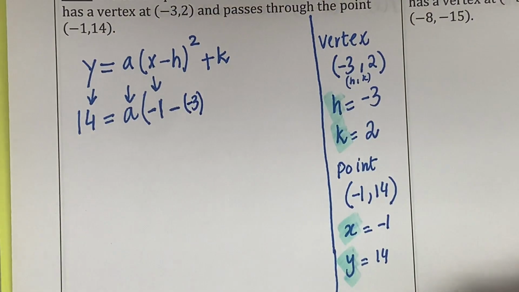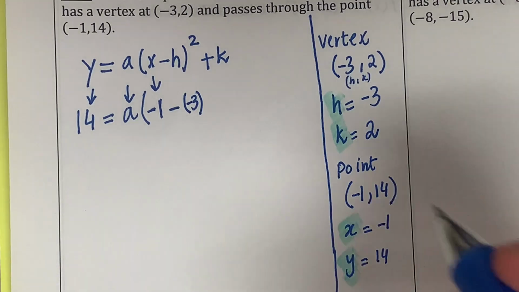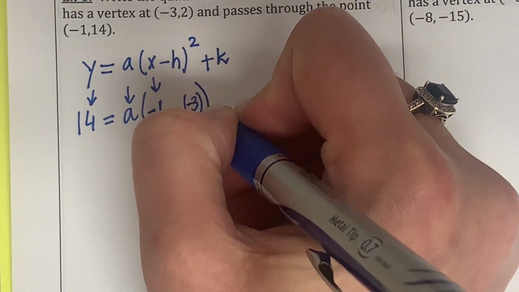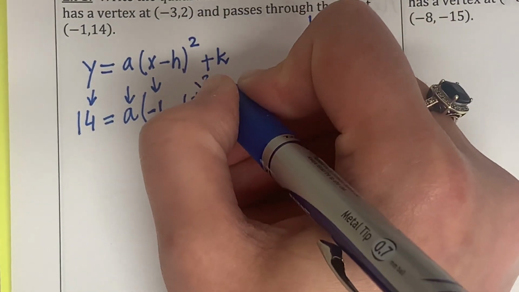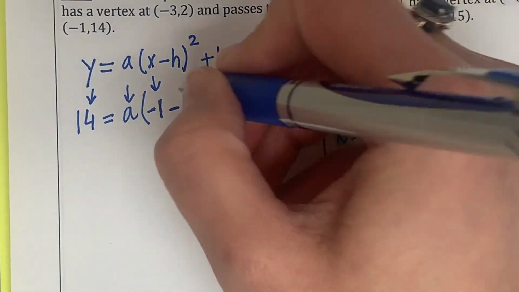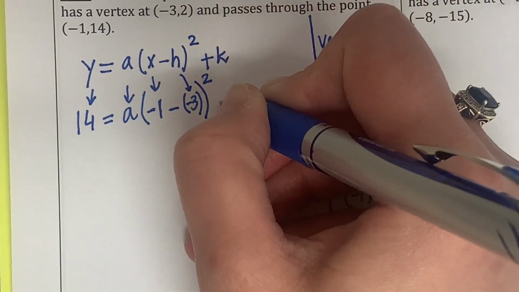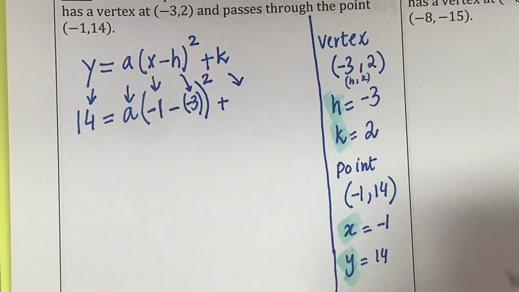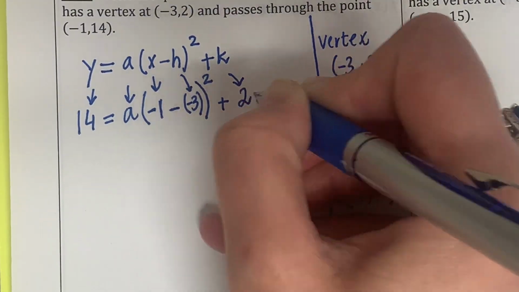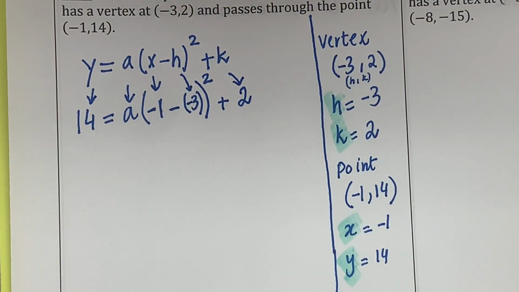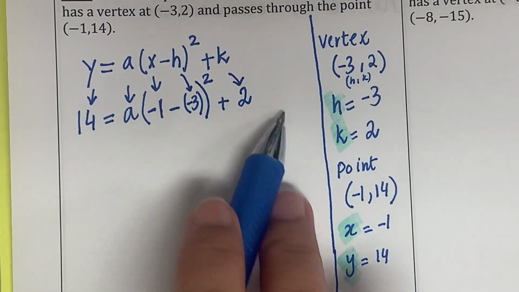You always substitute inside of parentheses when it's a negative. And close the big parentheses, and then squared goes on the top. Plus k is +2.